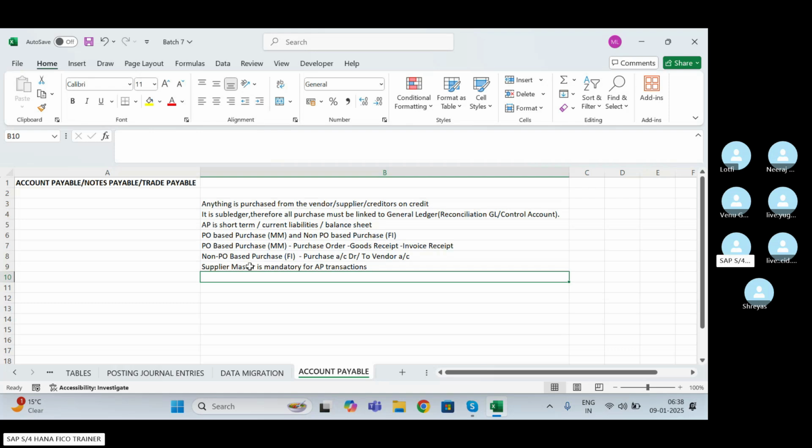And another very important point: whenever you do a purchase on credit basis with the vendor, something called terms of payment is also required. Terms of payment, people say payment term.